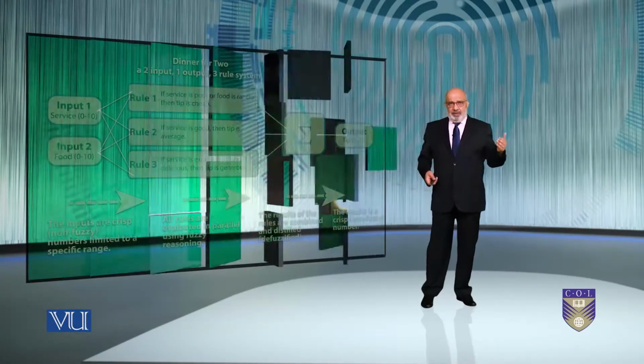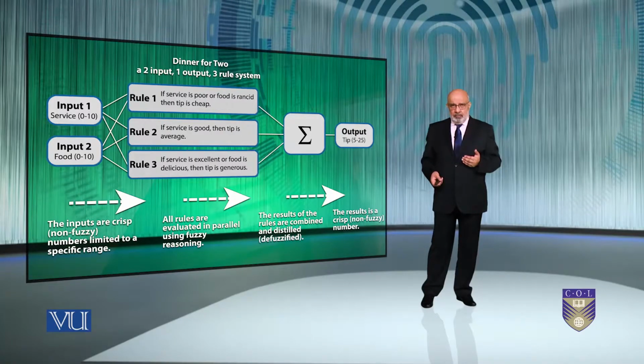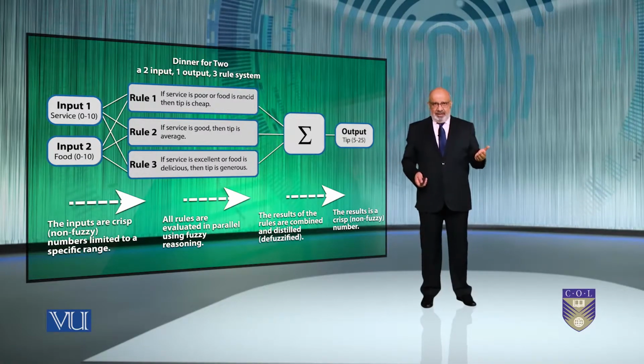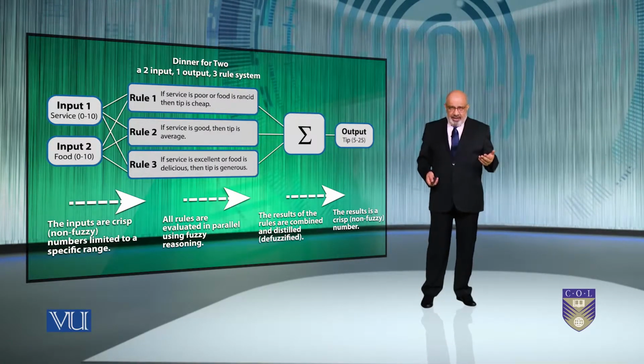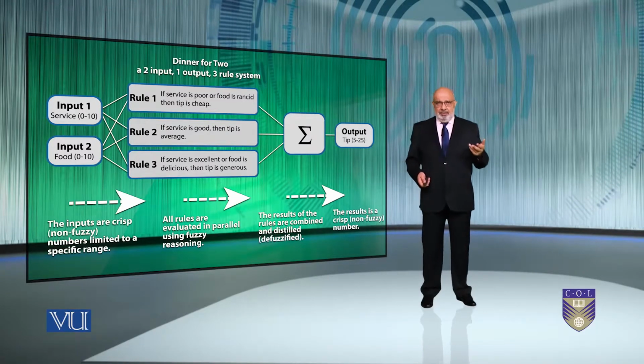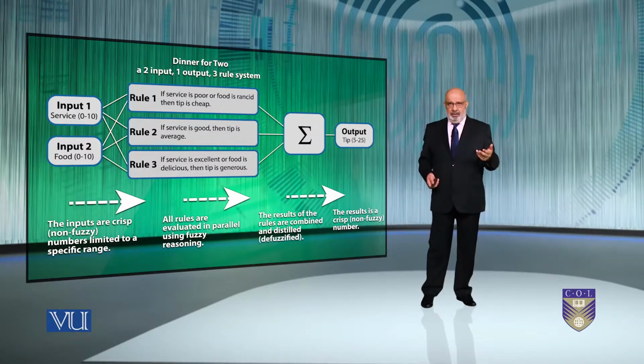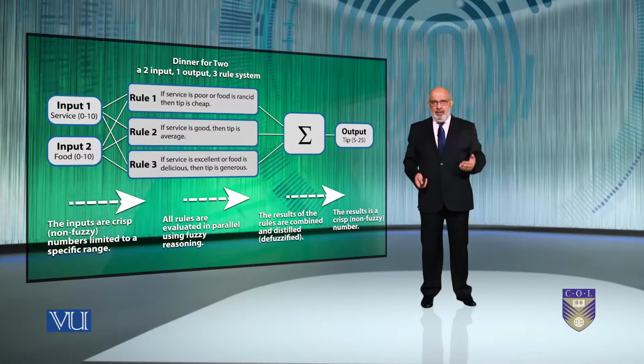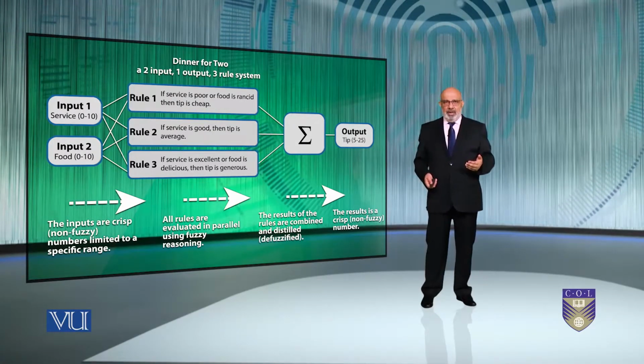How do you tip the waiter? It's a very standard thing, and it can be a percentage of the total bill, say between 5 to 25% of the total bill. The system is based on 3 fuzzy rules. We will discuss each one of them, rule 1, rule 2, and rule 3, and then we will apply these 3 rules using the inference process.